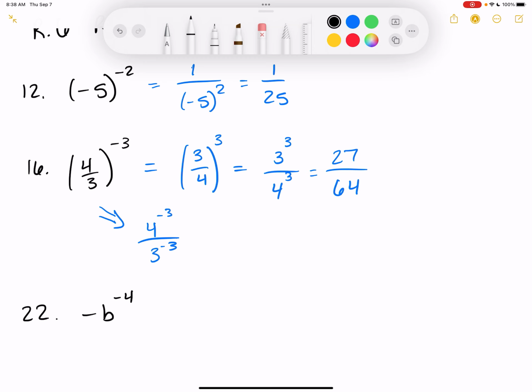I've got a negative exponent here, so I'm going to put it where it ain't, make it positive. So I'm going to move this. I still have the -1, it's staying there, over, move this down, b raised to the +4. Any questions on any of that so far?